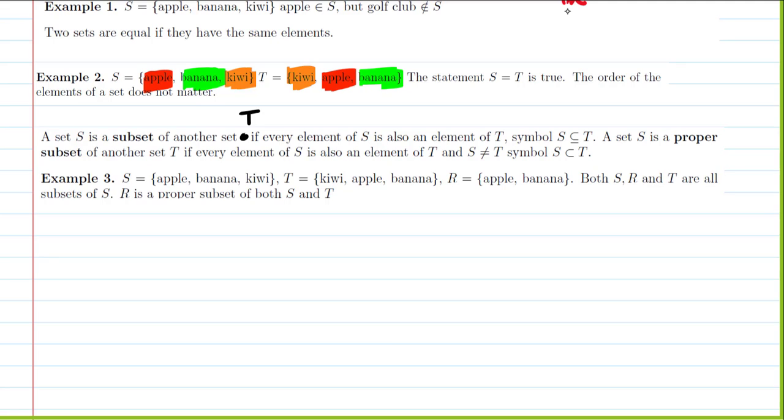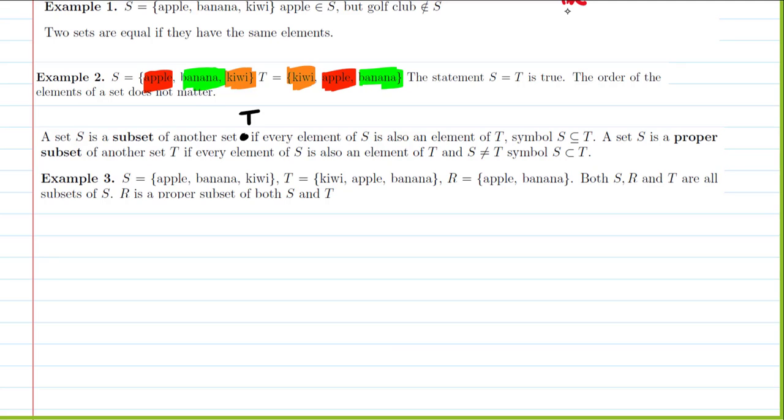A set S is a proper subset of T if every element of S is also an element of T, but S is not equal to T. Every set is always a subset of itself, but we call it a proper subset if the set does not equal the set that it is being compared to.